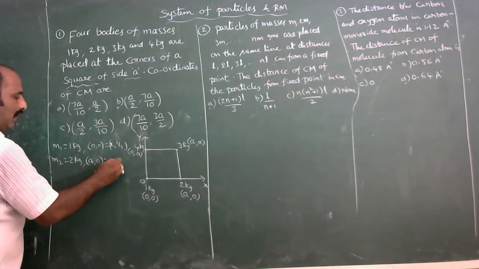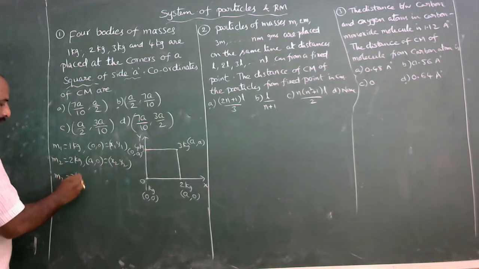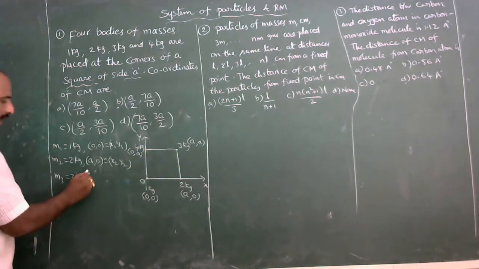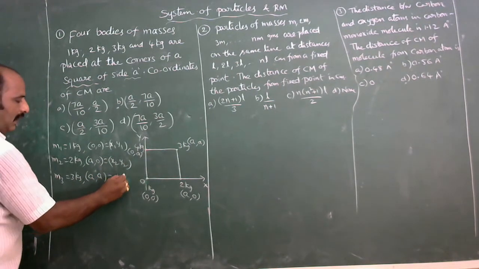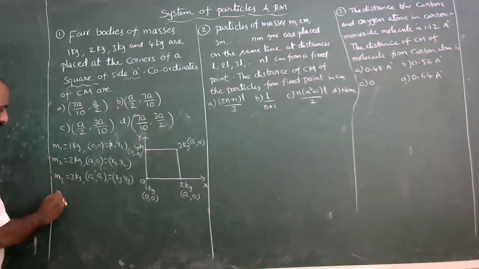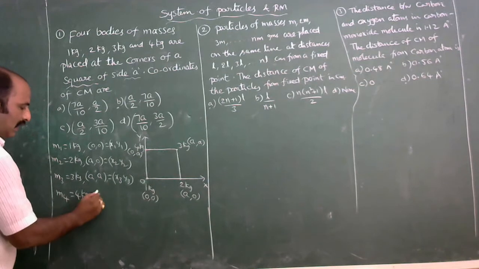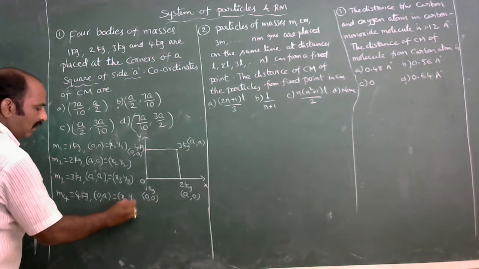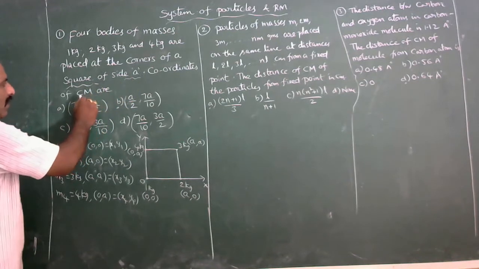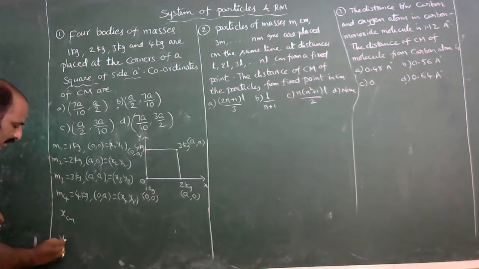This is x2, y2. m3 is equal to 3 kg, corresponding coordinates are A, A. This is x3, y3. And the last one, m4 is equal to 4 kg, corresponding coordinates are 0, A. This is x4, y4.